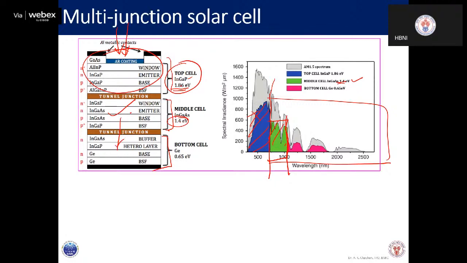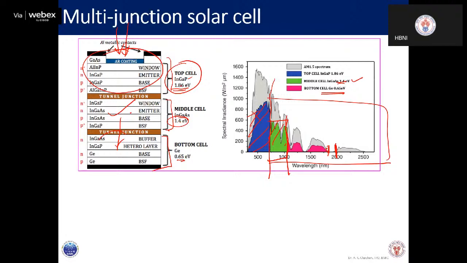If the energy is less than 1.4, then it will go to the third layer, which is made of germanium. Germanium has a band gap of nearly 0.65 electron volt. So this will absorb up to somewhere here, and then some part will be left.